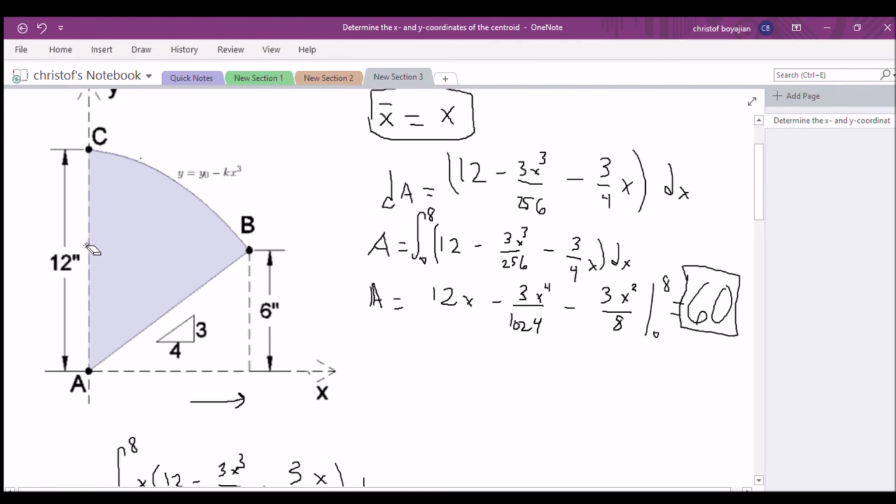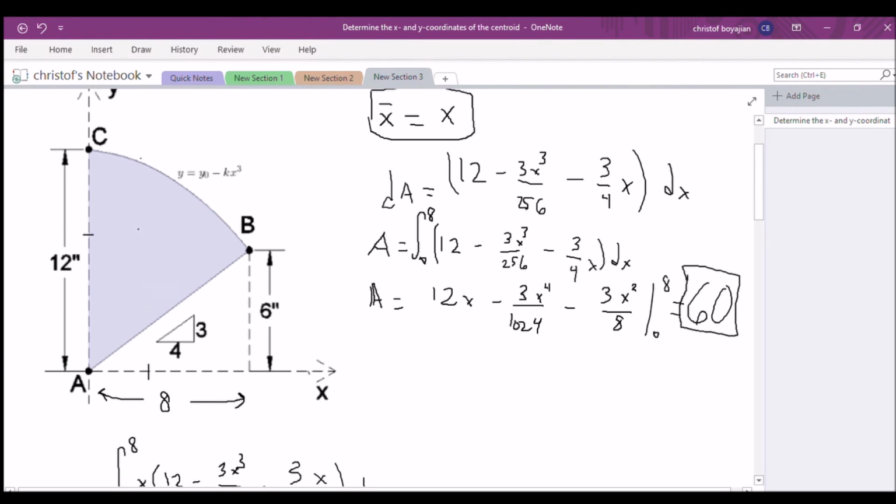And our x coordinate of the centroid is 2.99. Remember we said this is a distance 8. 2.99 is close to 3, so I'll say 3 is roughly around here.